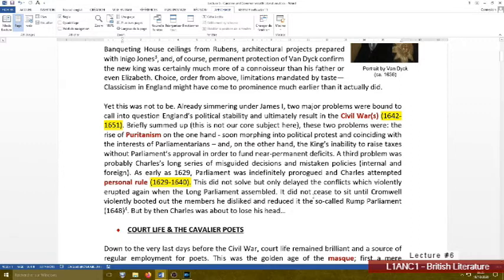And of course, these people were also believers in a number of very strict, you might even say extreme, dogmas such as predestination, and generally speaking, they wanted to impose on the rest of society their very stringent views on public and private morality.